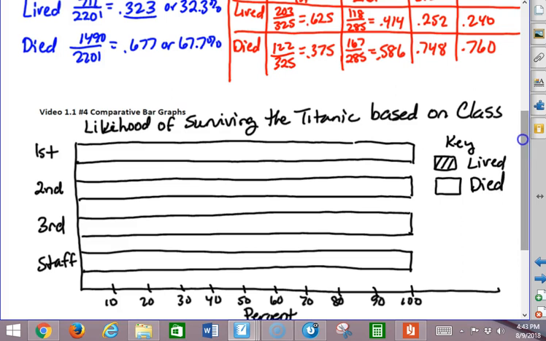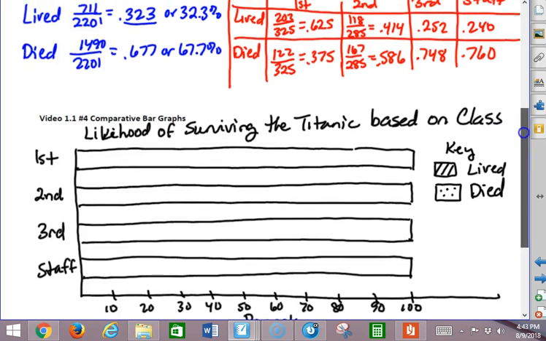Actually, maybe I'll make dots or something because it'll be easier to see here. So for first class, you can see 62.5% lived. I'm going to go to 62.5 on my scale and make my mark about right here. Here's the percent who lived, and here's the percent who died.